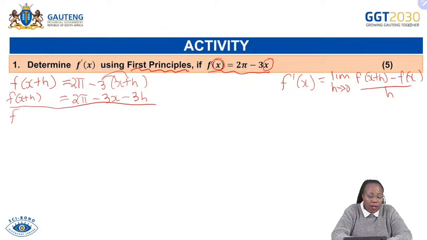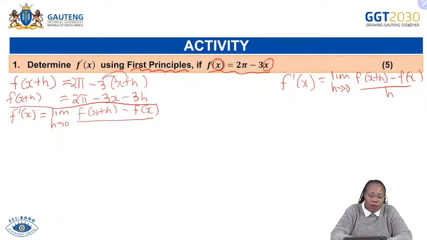Into the formula, f derivative of x is equal to the limit of h approaching 0 of f at x plus h minus f at x all over h. Limit of h approaching 0, f at x plus h, we are substituting it from here. That is 2 pi minus 3x minus 3h.